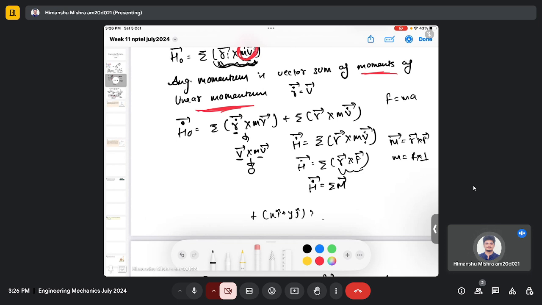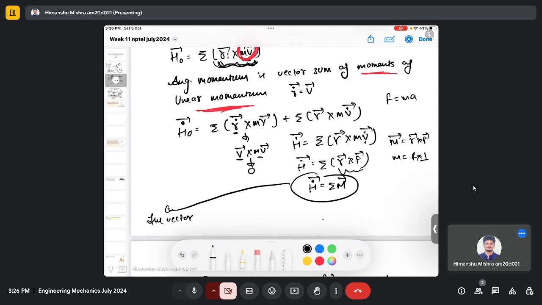So this quantity tells you the vector sum of moments is equal to the rate of change of angular momentum, right?